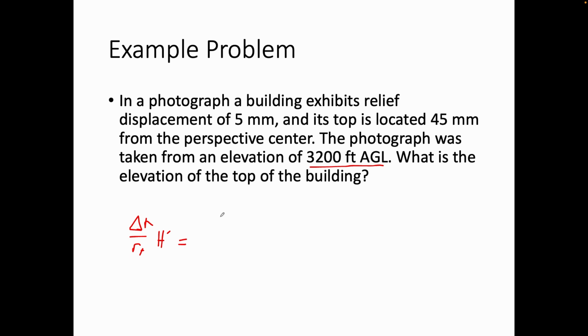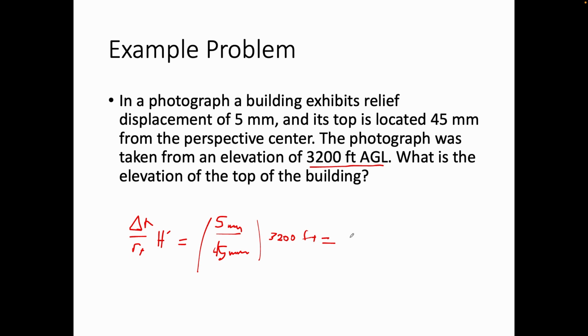That's going to be 5 millimeters divided by 45 millimeters, and then we multiply that whole thing by 3,200 feet. Millimeters over millimeters will cancel out, and so we'll end up with units of feet, which is what we want for the height of our building.